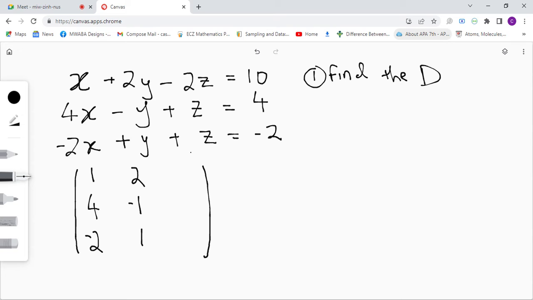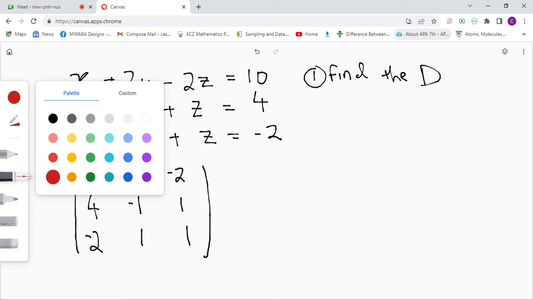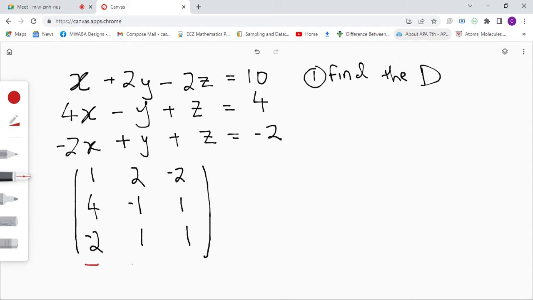So we've got our x column and our y column. Now we're going to get our z column. The coefficient here is -2, the coefficient here is 1, and the coefficient here is 1. Now that we have this in matrix format, we're going to get the first two columns, our x column and our y column, and put them at the exterior of the matrix.